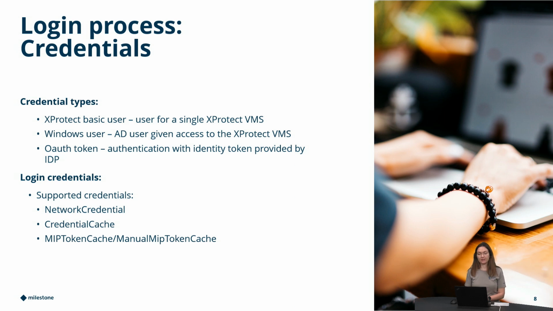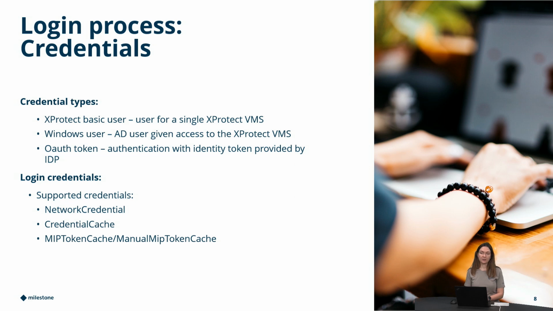Then we have 3 types of supported credentials, and the SDK provides helper methods for handling those login credentials. We have network credential, credential cache, and then the last group is a credential for token.